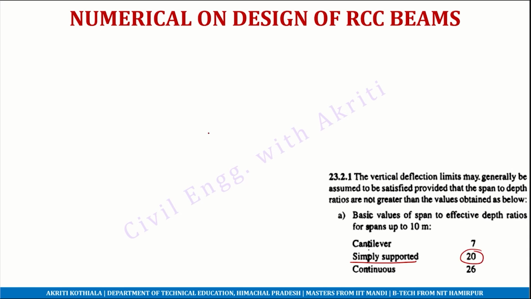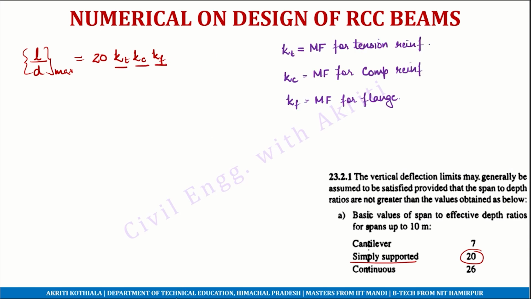So we can write that L by D maximum is equal to 20, because it is a simply supported beam, into KT, KC and KF, where KT, KC and KF are the modification factors for tension reinforcement, compression reinforcement and for flanged T-beams.